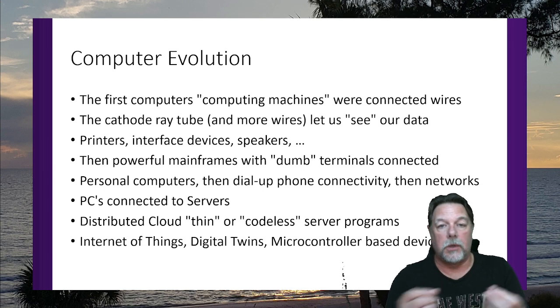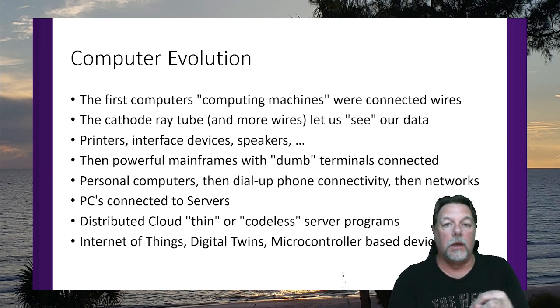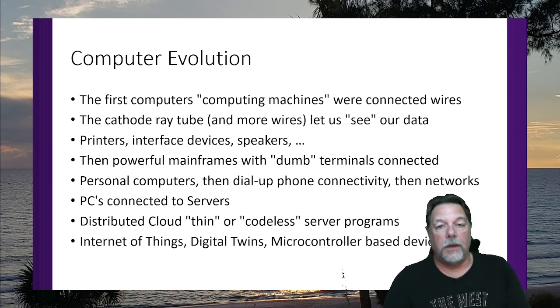Mostly they were just a bunch of wires connected together in what we would call logic circuits that performed very specific operations. The cathode ray tube, when it got invented, and a bunch more wires inside, not just the tube, was the forerunner of our modern computer monitors, and that display device let us see our data in ways that were familiar to us.